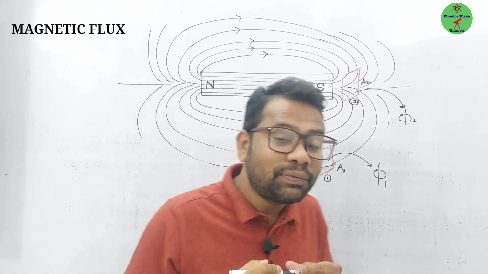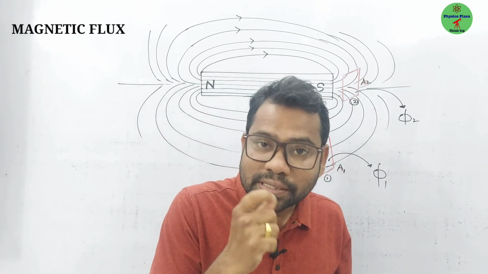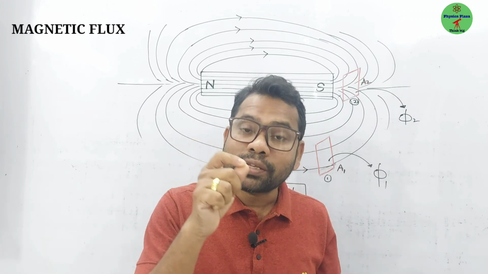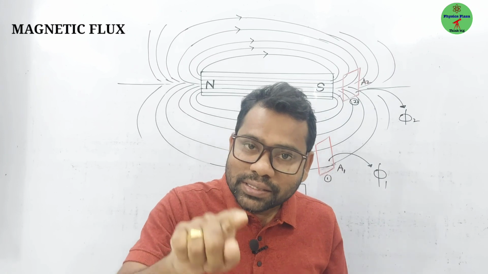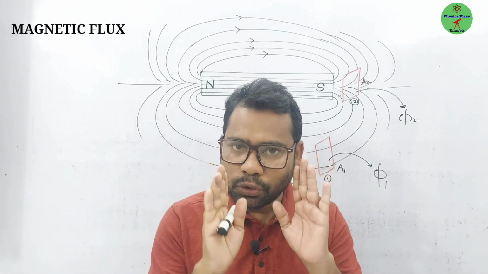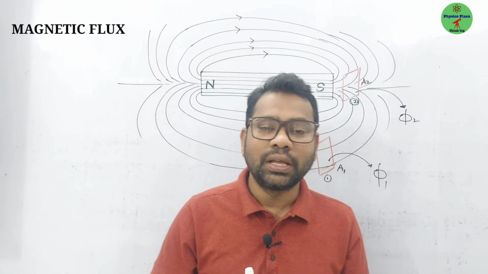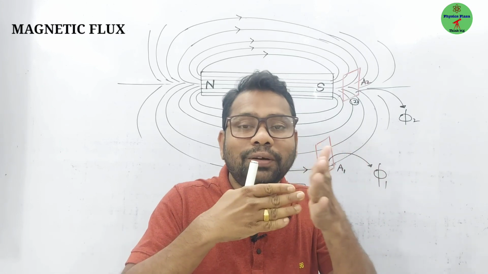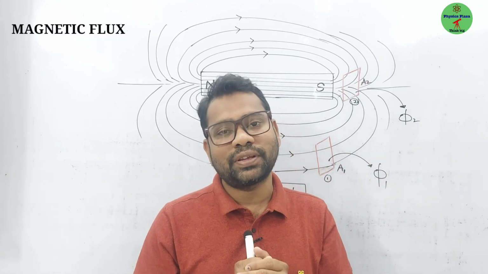So what is magnetic flux? Which one is deciding the magnetic flux, children? The number of field lines passing through a certain area decides the magnitude of the magnetic flux. So how do we define magnetic flux, children? The number of field lines passing per unit area normal to that surface.